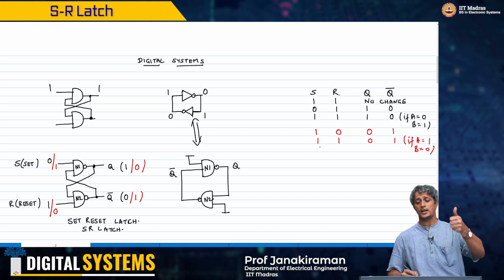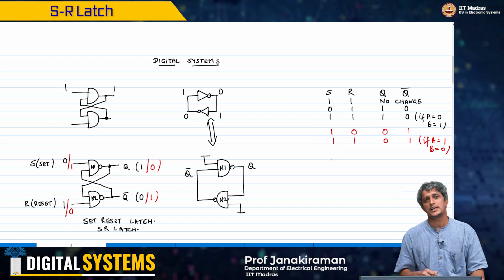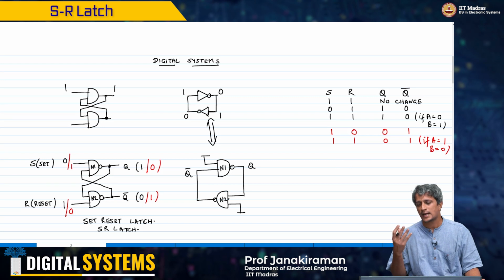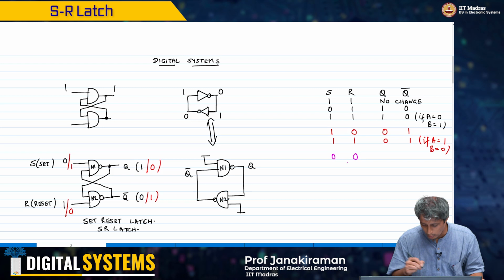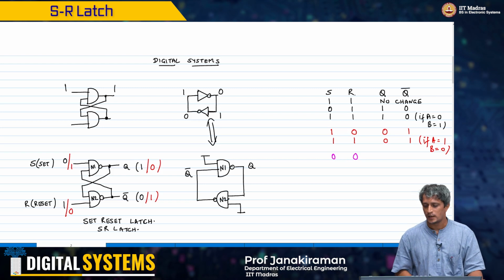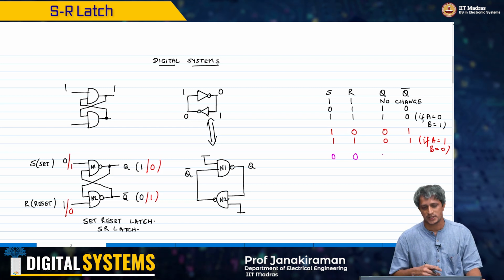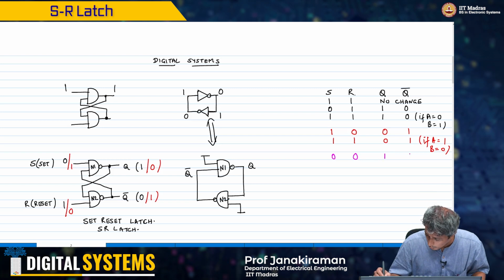Now what happens when I consider the other case. We have looked at the input combinations of S and R being 0 1, 1 0 and 1 1. So let us now look at the condition when the inputs S and R are both connected to 0 0. The problem with the 0 0 is, if it is 0 and 0, then automatically, because N1 and N2 are NAND gates, the output will go to 1 1.